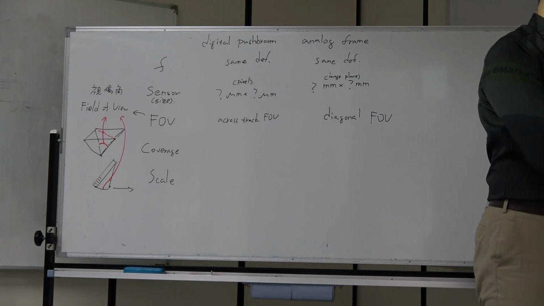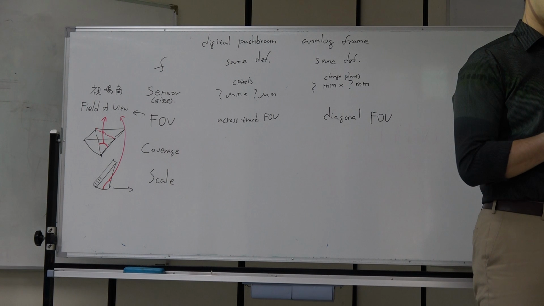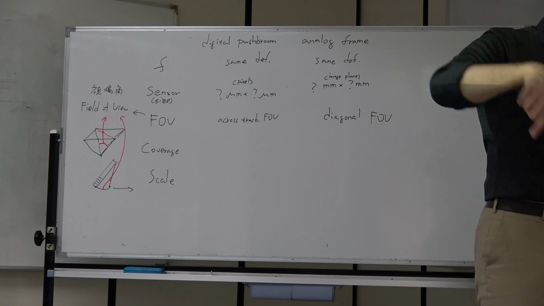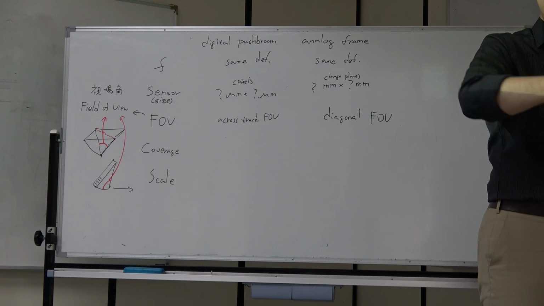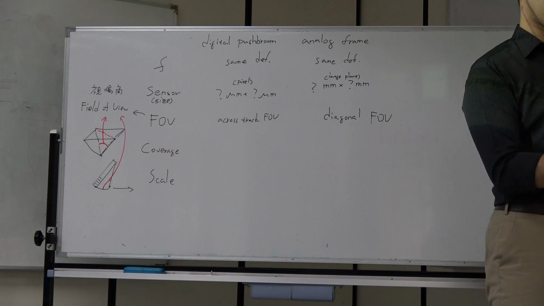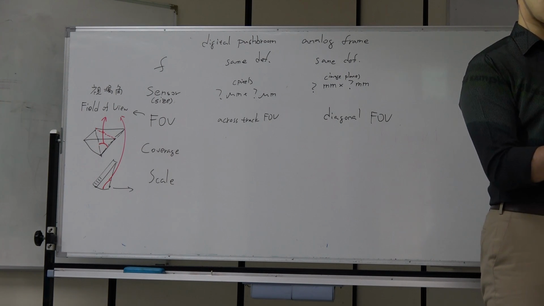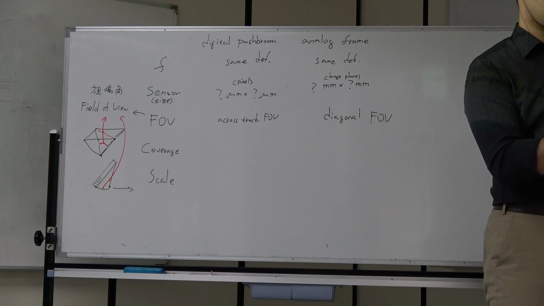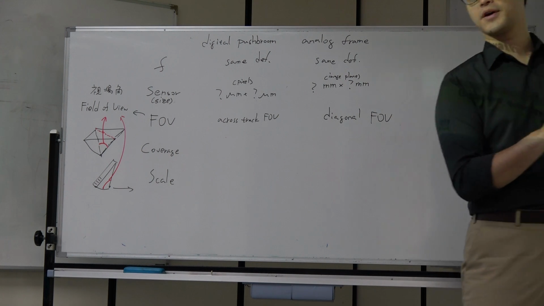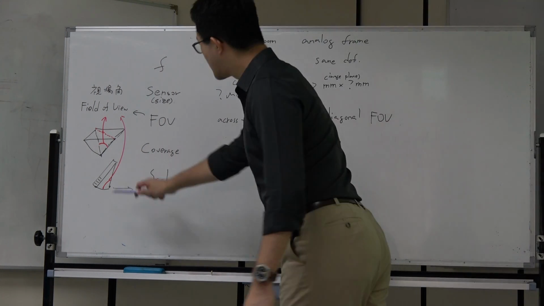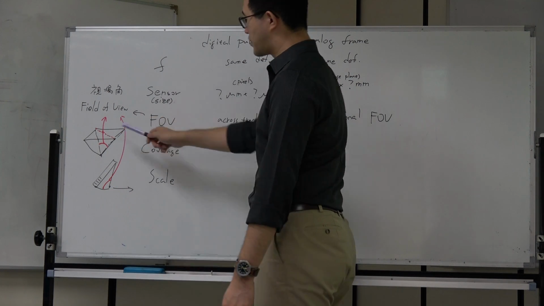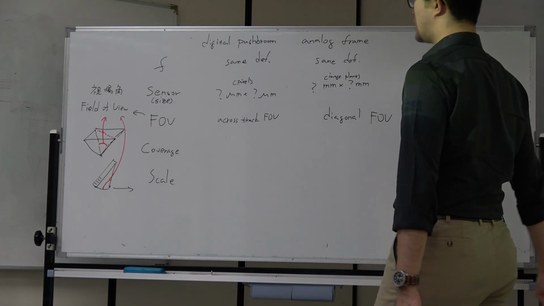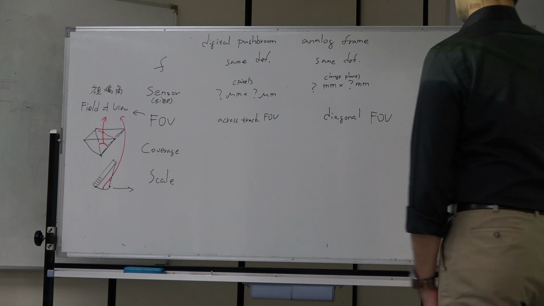In this case, the FOV for the push-broom scanner is the across track FOV. If you have the perspective center over here, then from this point to the two ends of your CCD array, that's your across track FOV.